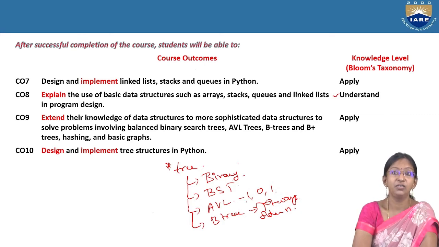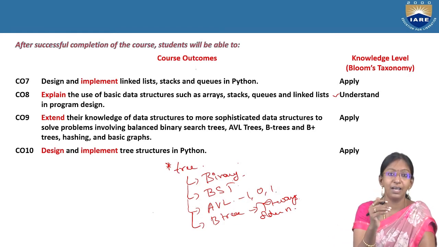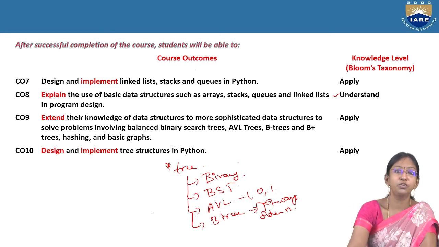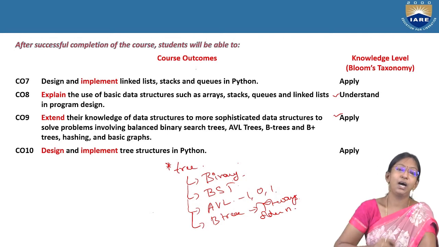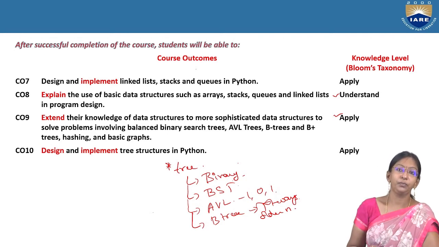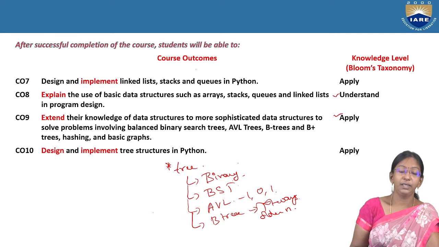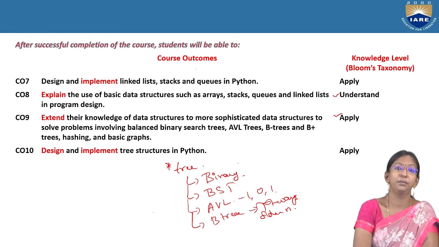As I said, with a drawback of version X, you are going to go for version Y, and all these versions you are going to apply, my dears, using Python. That is the outcome. The next outcome for your data structures is implementation. Design and implement. Design all these things and implement.